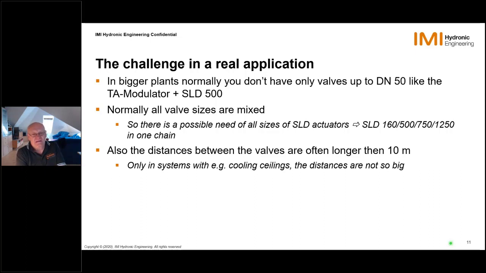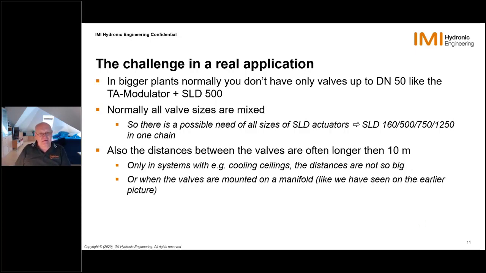If we have, for instance, a cooling ceiling, the distances are not so big, and perhaps you can take the straight way from one valve to the next, or some 2 or 3 are close together, and then you have to step over to the next one and so on. When valves are mounted on a manifold, as we have seen before, the problem is not so big. You have seen in the picture that only short cables were used between the actuators.